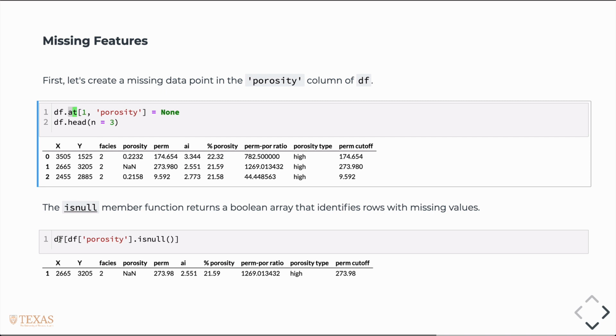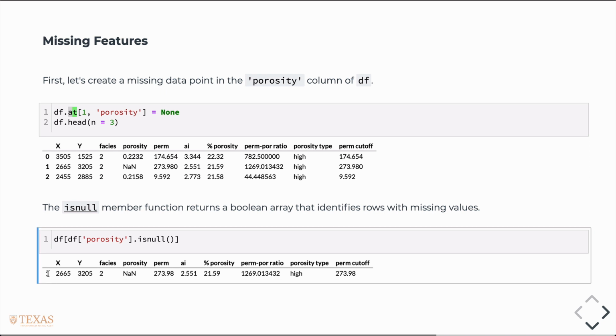Of course, in this case, there's only 1 because we explicitly set it. But here we're printing it out, and in fact, you can see it's the one index row that is returned, right? So we're using fancy indexing. This df porosity isnull returns a Boolean array, right? Trues or falses. True where we have missing data. And then we're just printing it out with this fancy indexing command.